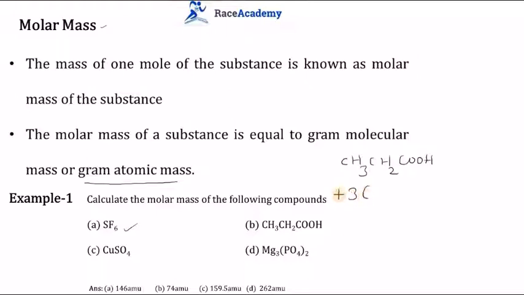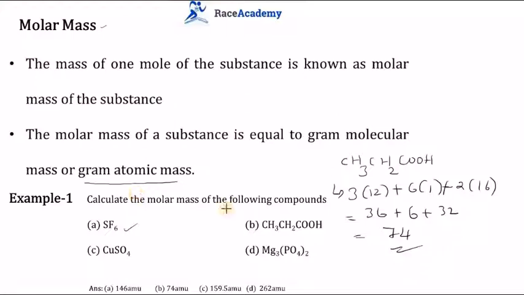So 3 into atomic mass of carbon, which is 12, plus there are 6 hydrogens, hydrogen's atomic mass is 1, and oxygen atomic mass is 16. 2 oxygens are there, that is 2 into 16. So what is the total molar mass of the substance here? This is 36 plus 6 plus 32. So this is 42 plus 32, 74 is the answer for this second one.